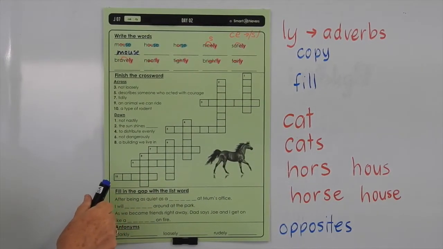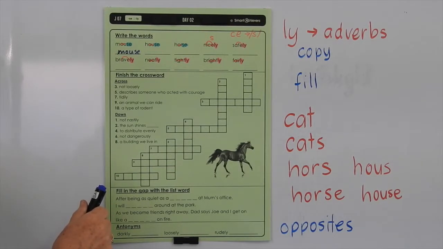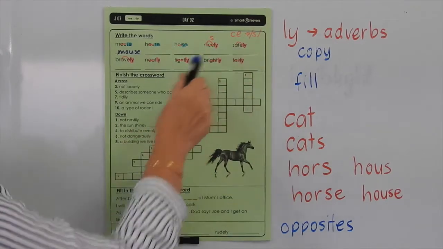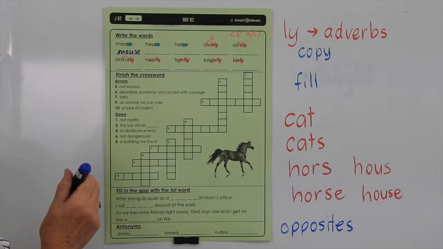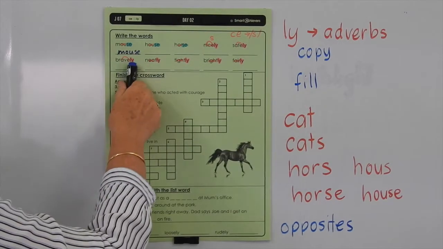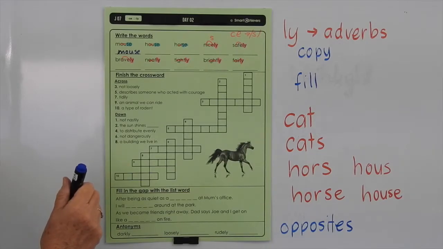Nicely is when we do something that makes other people happy or we're doing something well. Safely is when we do something that's not dangerous, so we do it in a safe way. Bravely is when we're pretty tough and we do something without being too worried about it, so we do it with courage.